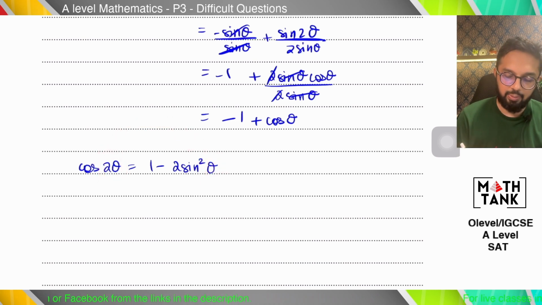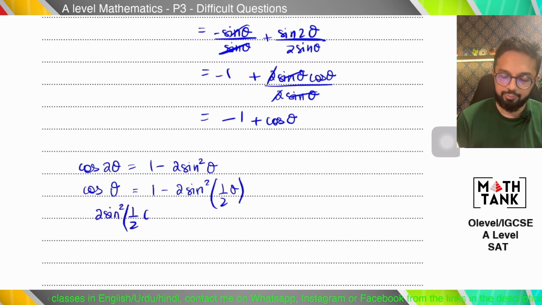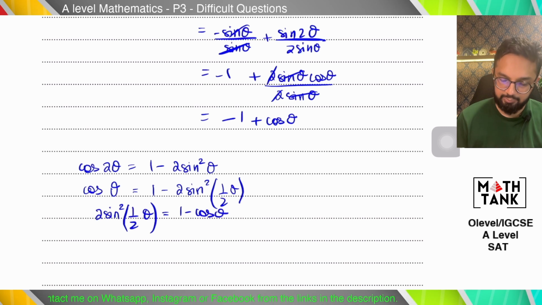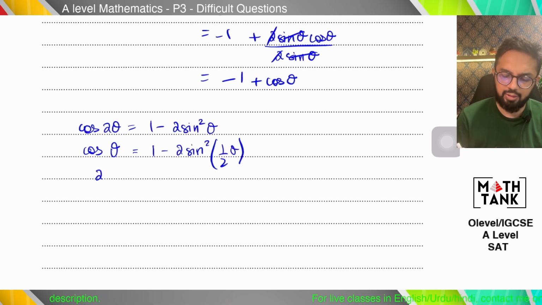So what if I told you that 1 minus cos theta can be written as 2 sine square half theta. If I shuffle this around, let's make cos theta the subject.